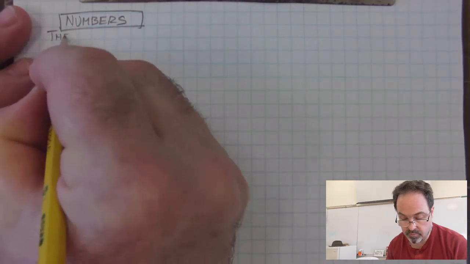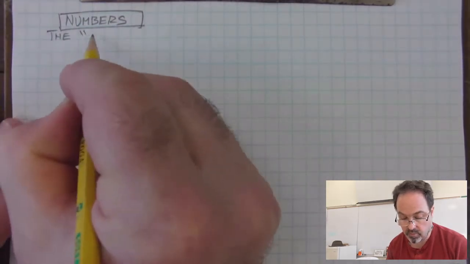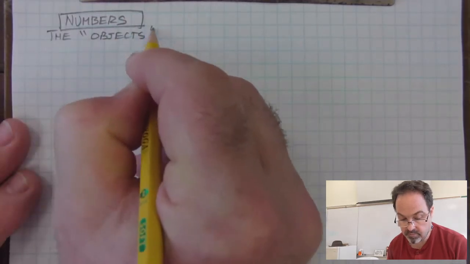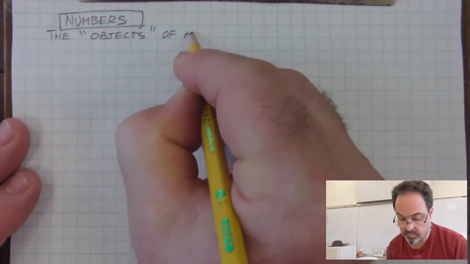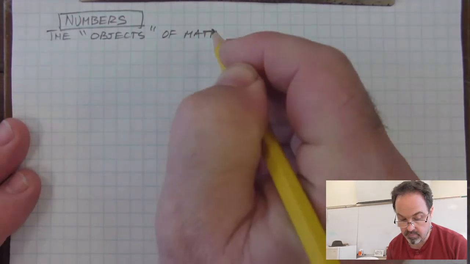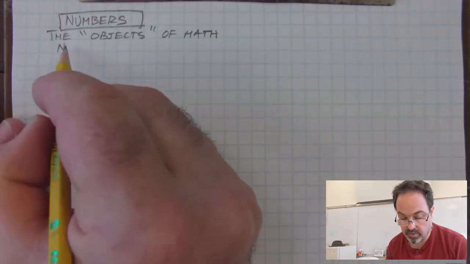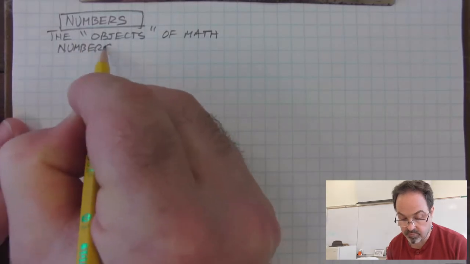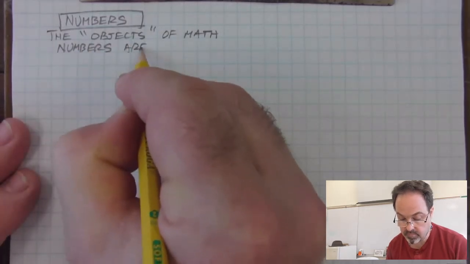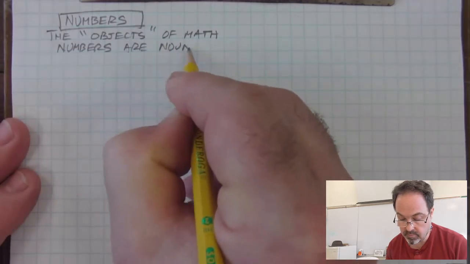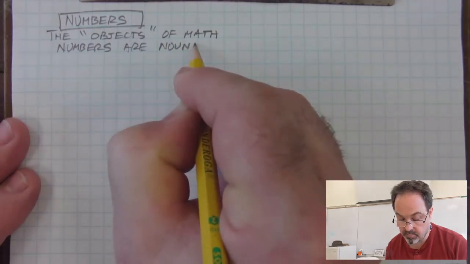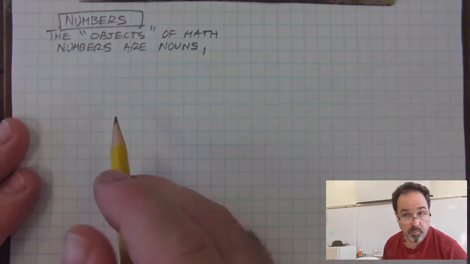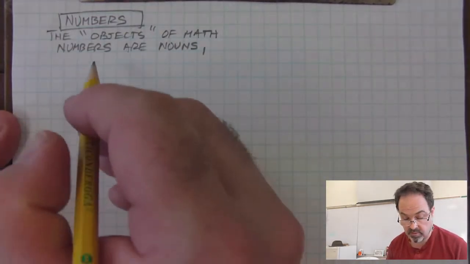And a number, or numbers, are the objects of math. We can think of numbers as nouns, borrowing the idea from language that nouns are person, places, or things.